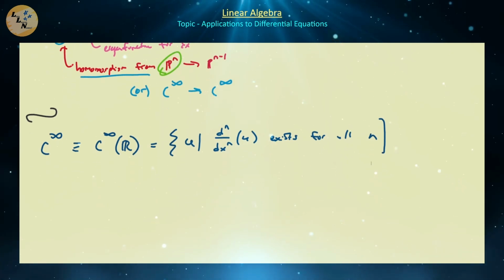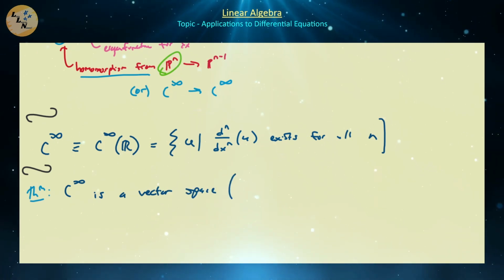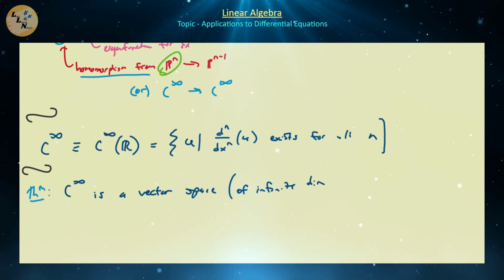So one can prove, once we have this defined, the following theorem. Theorem: C infinity is a vector space. In particular, it's a vector space of infinite dimension. Now, we haven't really talked about infinite dimensional vector spaces a lot, at least so far in this linear algebra series, but there are different sizes of infinity.